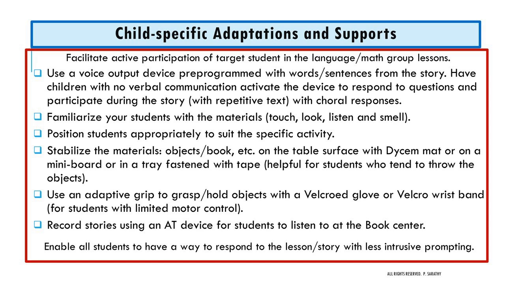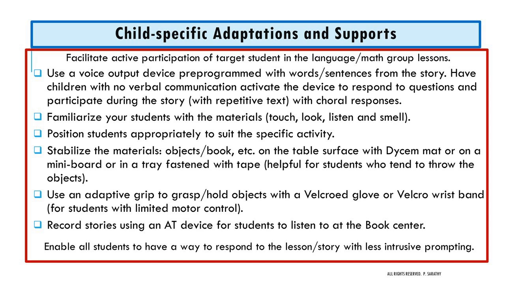The same way, you can use an adaptive grip for the student to be able to grasp the object. You can have a wrist-attached adaptive grip, or you can Velcro a glove. If the student has a closed fist, you can use a Velcro glove.